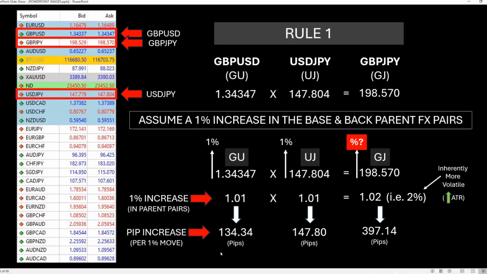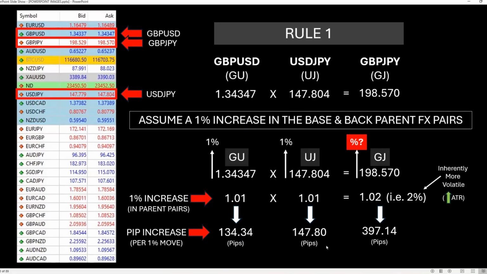So a 1% move either to the upside or to the downside, for these exchange rates currently, will involve a 134 pip move on average for GU. For UJ, a 1% move either up or down will involve about 147.8 pips.